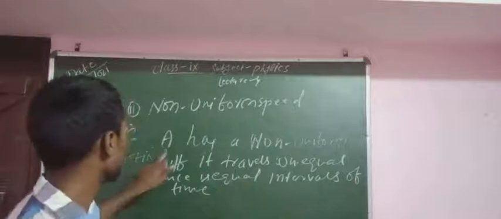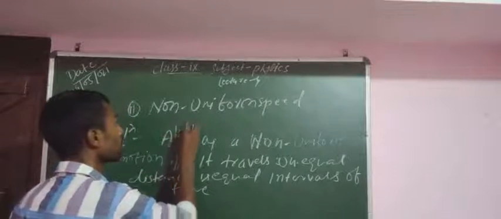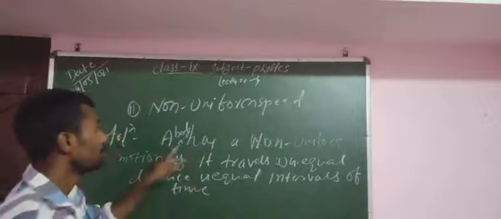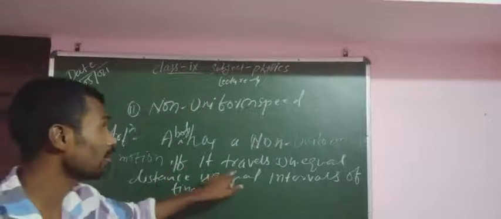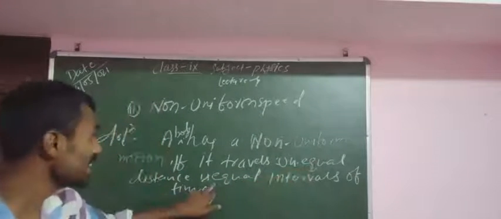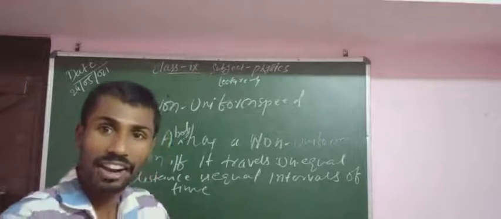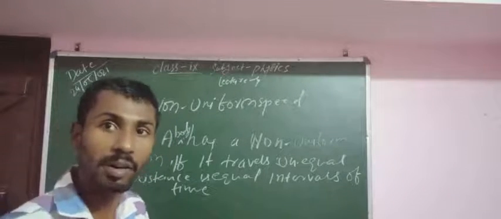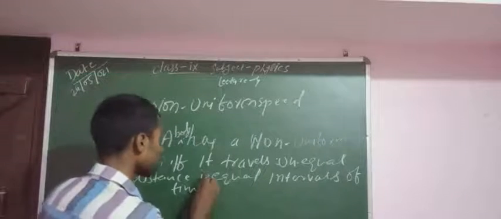That means if a body covers unequal distance in equal intervals of time, then the body is said to be in non-uniform motion.